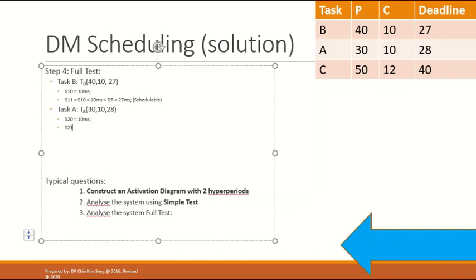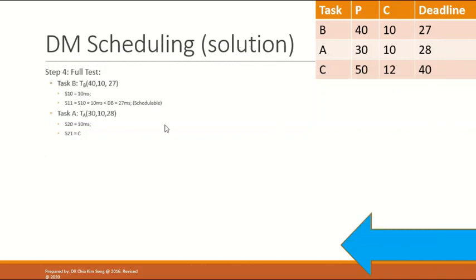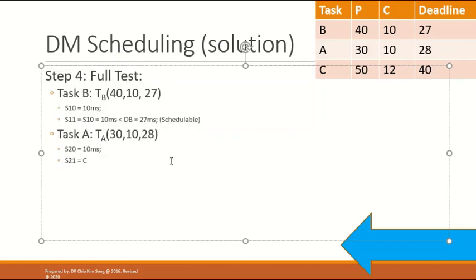S21 equal to, now we need to consider our previous task. That means we have this C1. It's a bit confusing.